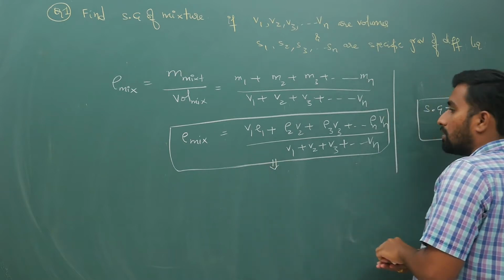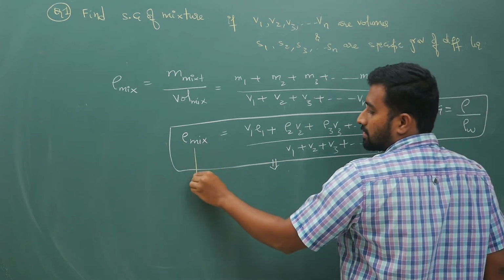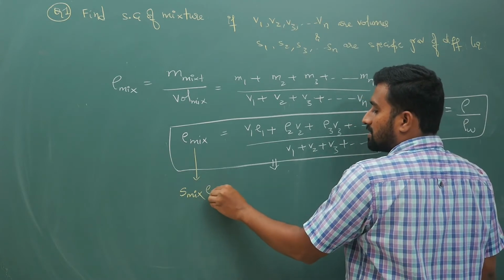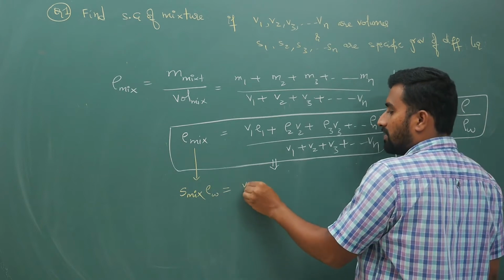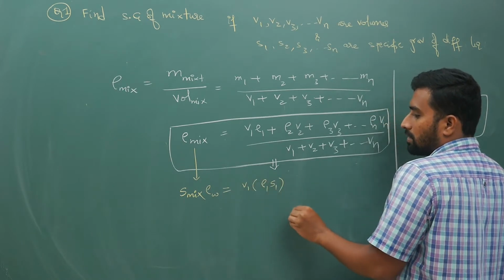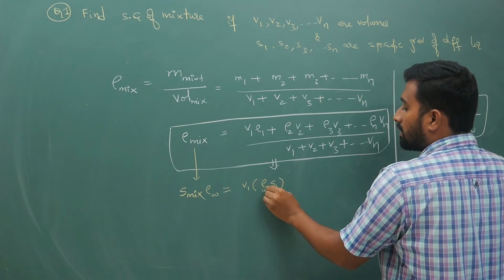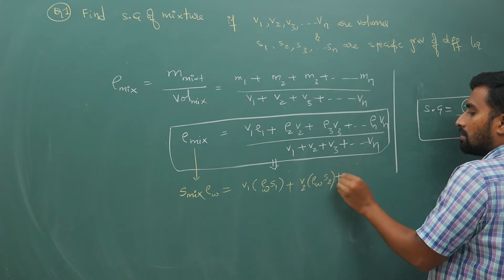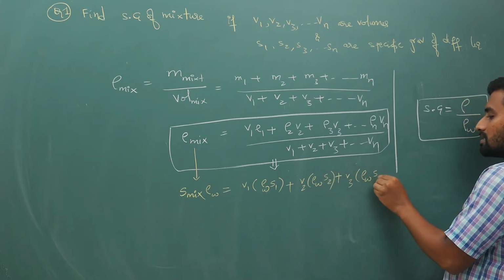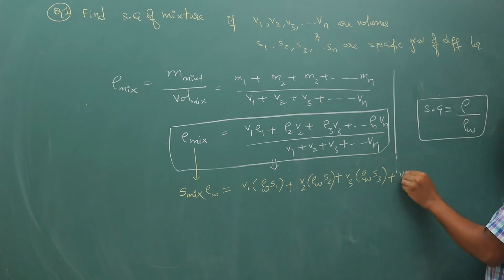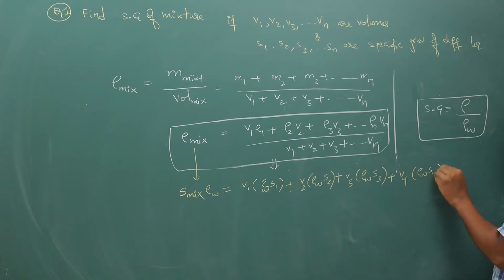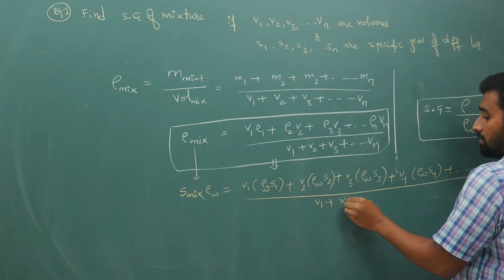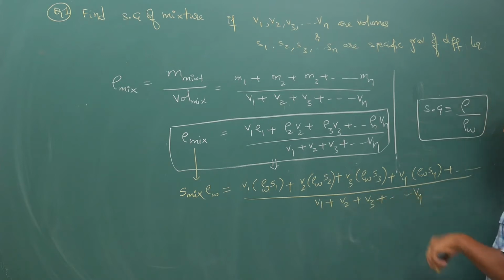Observe carefully. Your density of mixture can be written as specific gravity of mixture times density of water, that is equal to V1 times rho of water into S1, plus V2 times rho of water into S2, plus V3 times rho of water into S3, plus V4 times rho of water into S4, and so on, divided by V1 plus V2 plus V3 and so on up to Vn.